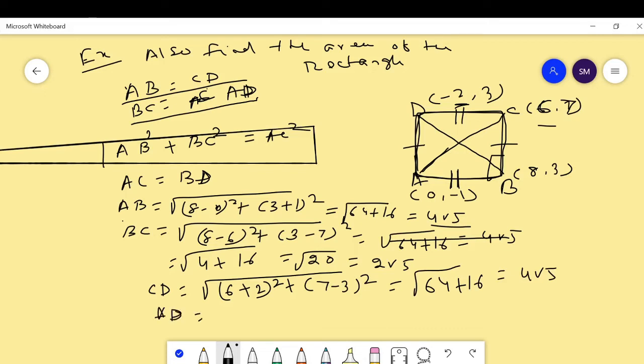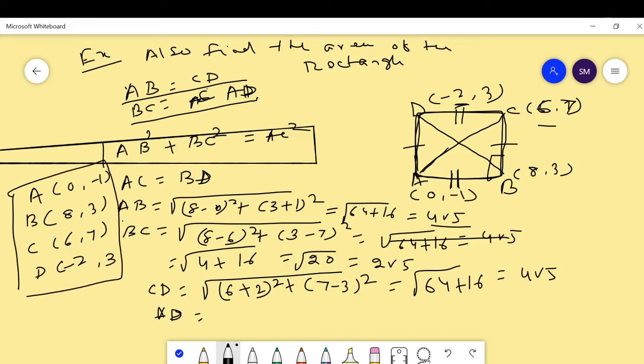Here the 4 vertices are: A is (0, minus 1), B is (8, 3), C is (6, 7), and D is (minus 2, 3). These 4 are the given vertices.